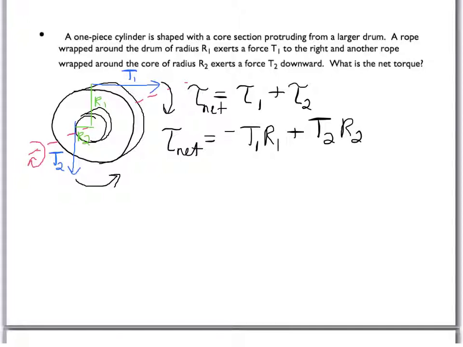Now let's just say, for example, that we put some values on this. Maybe T1 is equal to 5 newtons at a radius of 1 meter, and T2 is equal to 6 newtons at a radius of half a meter.